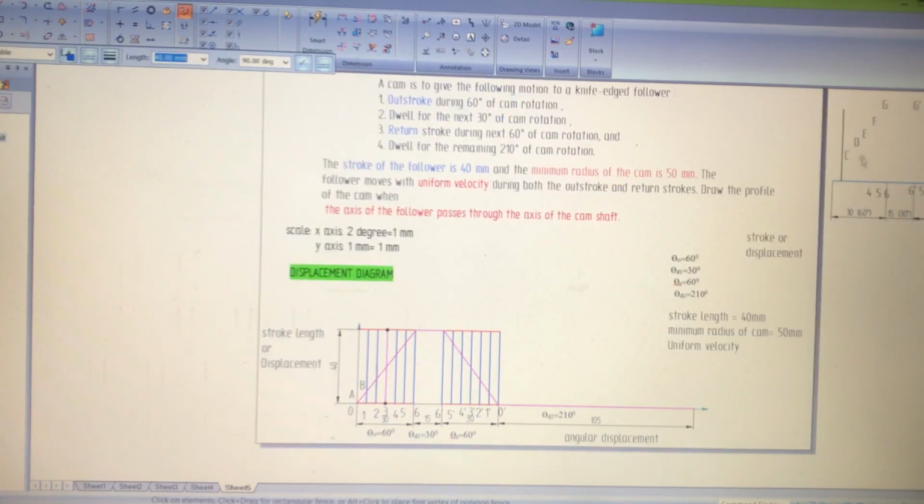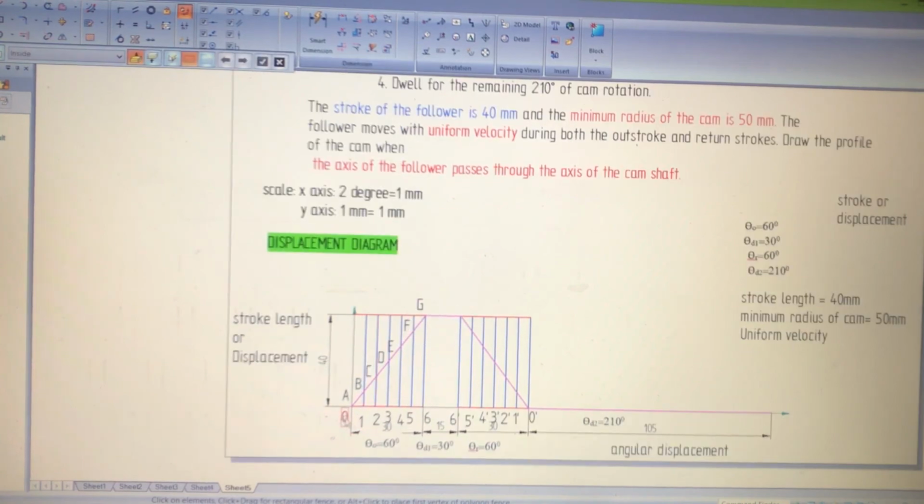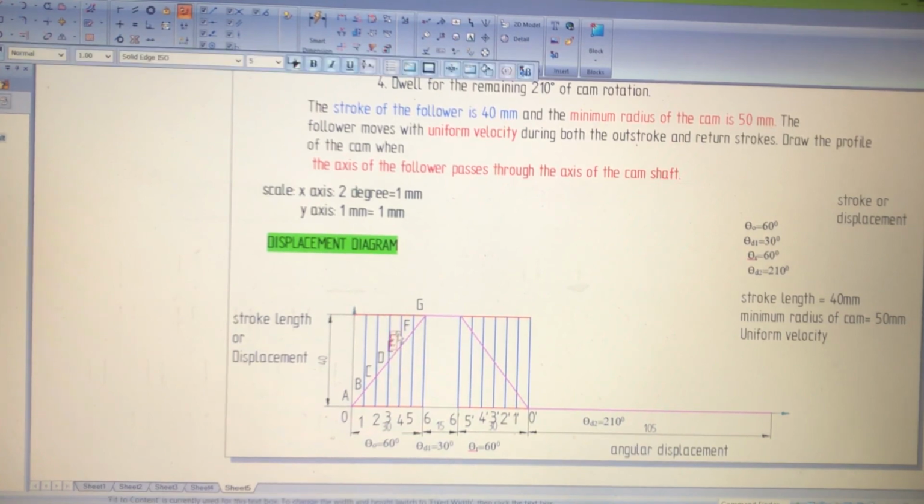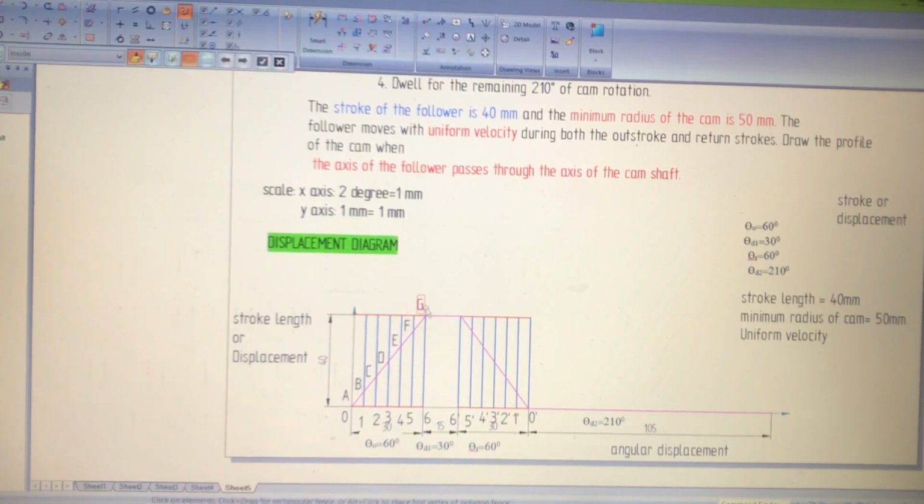Next C, D, E, and F, G. So 0 to A, 1 to B, 2 to C, 3 to D, 4 to E, 5 to F, and the last one is 6 to G.